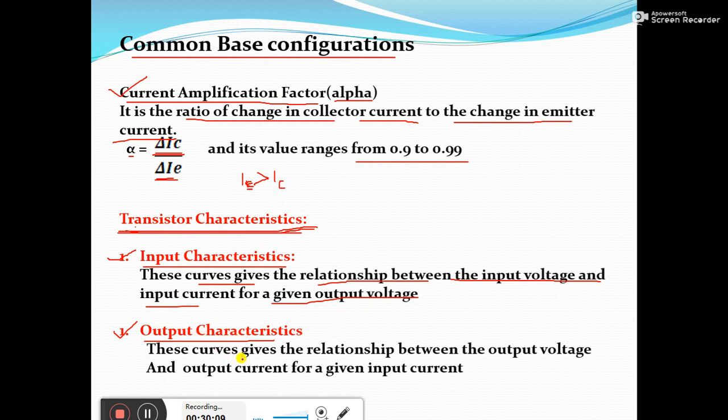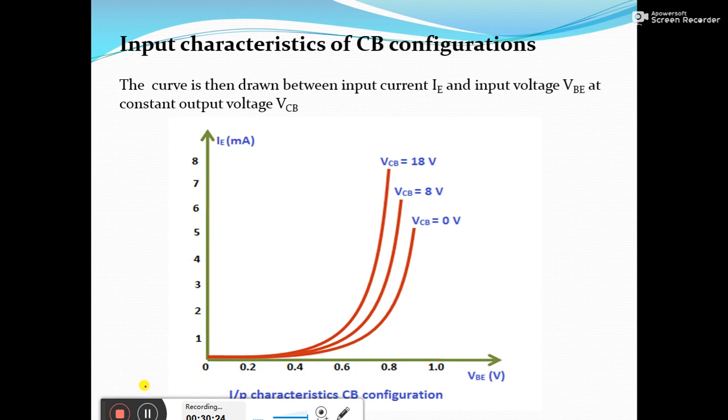Output characteristics are the curves that give the relationship between output voltage and output current for a given input current. For different values of input current, we plot the curves between output voltage and output current.